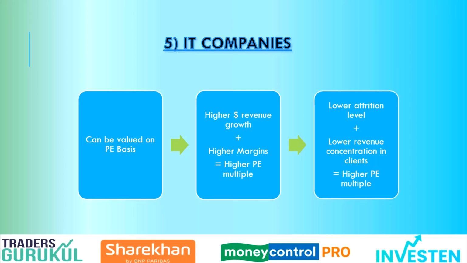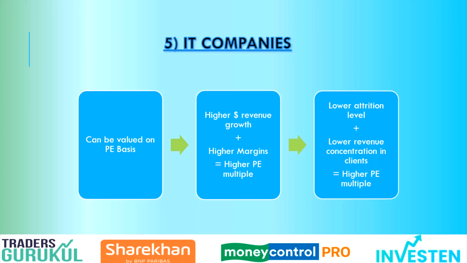Now, if a company has higher dollar revenue growth and is generating higher EBIT margins, that would call for a higher multiple and vice versa. Similarly, if the company has a lower employee attrition level, it can retain employees for long and gets revenue from a diverse set of clients who are present all across the world, it would get a higher multiple.